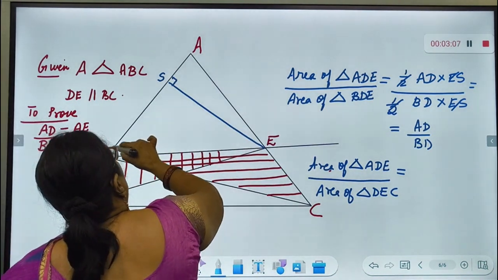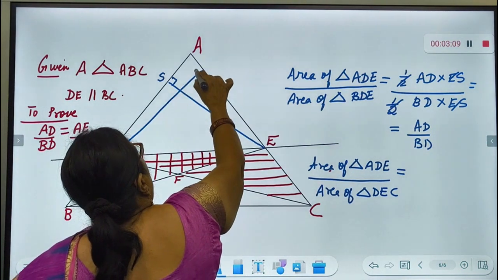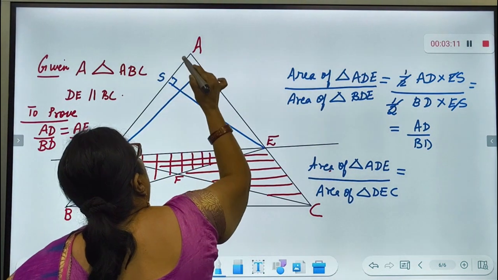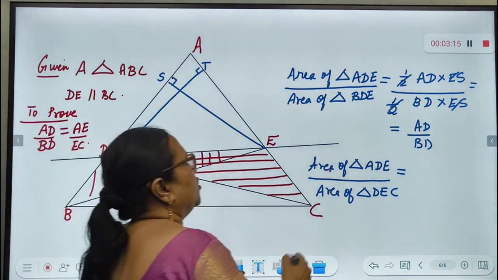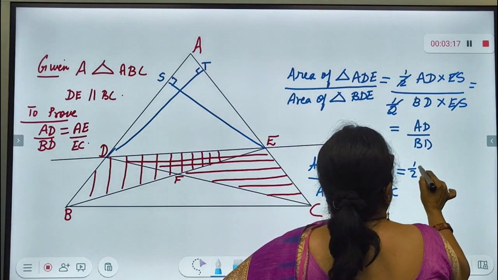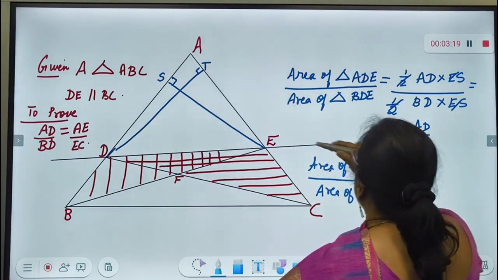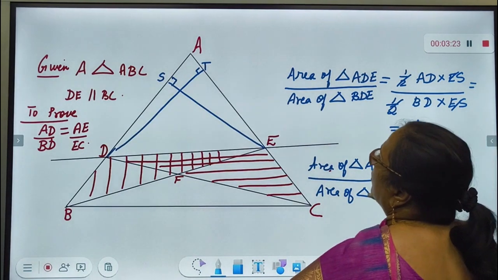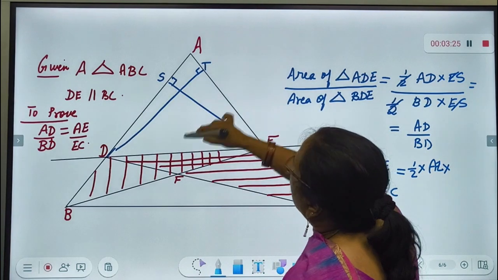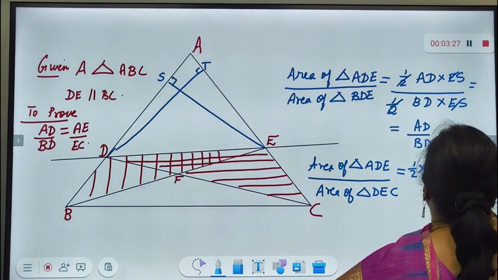Then I will draw a perpendicular from D. This is the perpendicular. I'll call it T. So the area will be half into AE into, for AE, what is the perpendicular? DT.